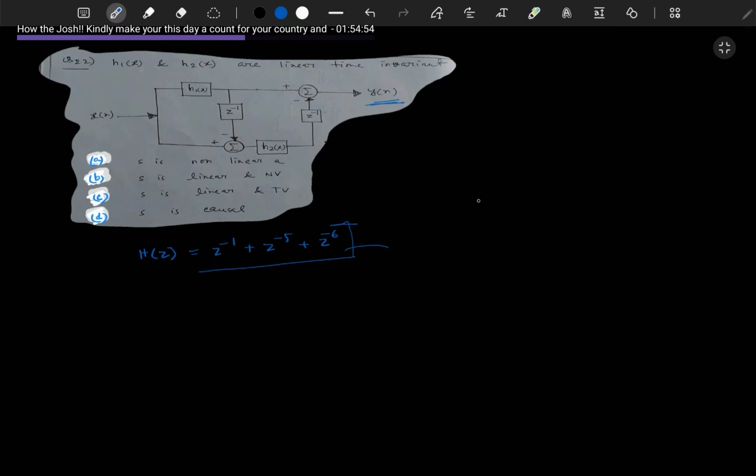One thing we can add here: if a squaring term is there, or multiplication of signals like xt and yt, or sine, cos, log, exponential, and also absolute value, meaning mod value, is involved in the system, then the overall system will be time variant and not linear.